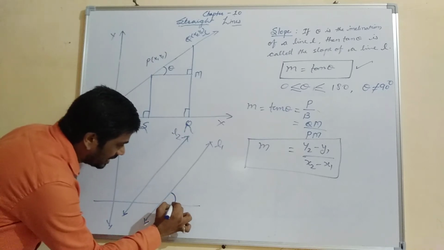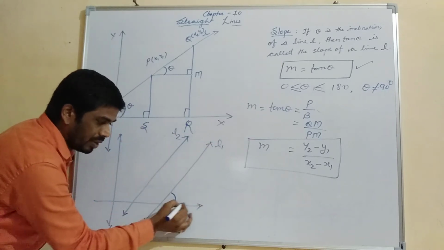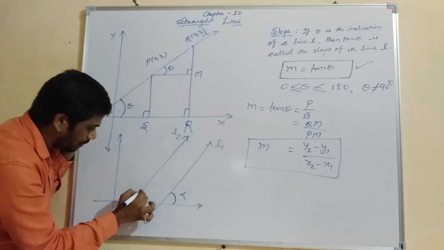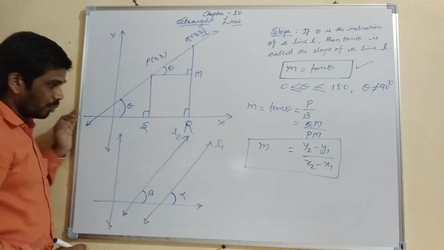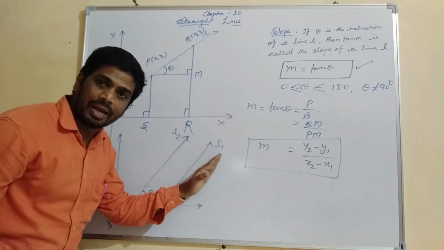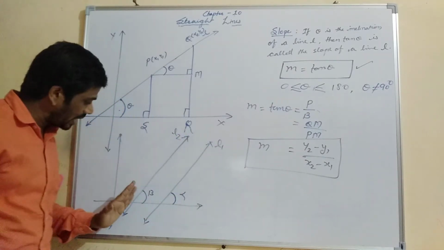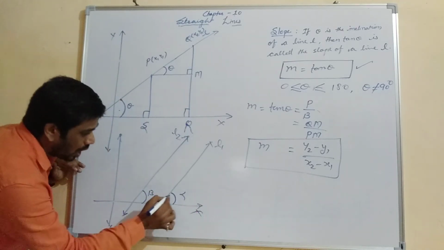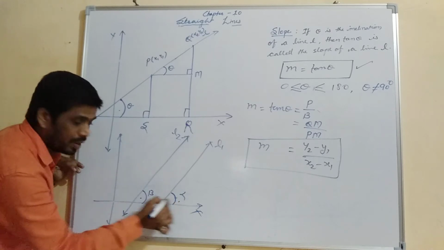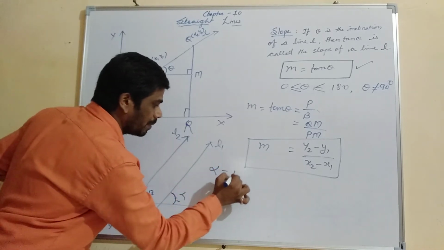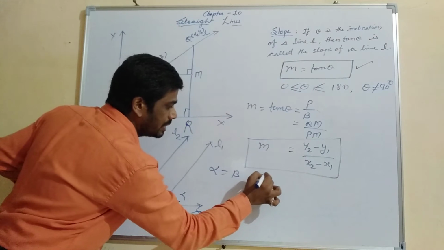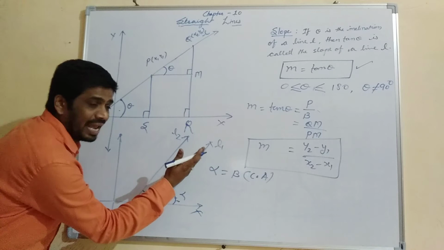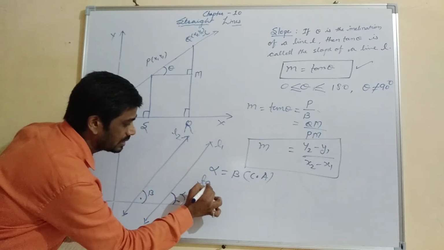Suppose the inclination of the line L1 with the x-axis is alpha and the inclination of line L2 is beta. We know that L1 is parallel to L2, it is given. So the x-axis will be a transversal, and the corresponding angles will be equal: alpha will be equal to beta. So if alpha equals beta, what will the slope of the line L1 be? Tan alpha.